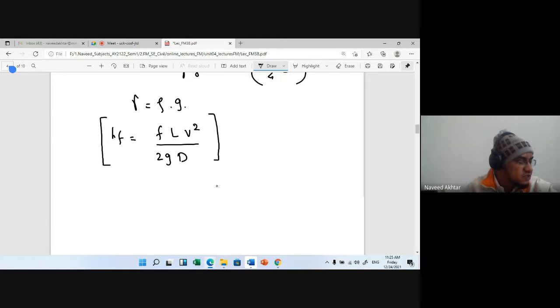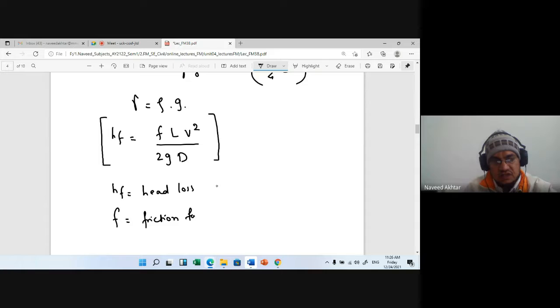This equation is nothing but the Darcy Weisbach equation for the head loss. So HF is head loss, and here F is the friction factor.